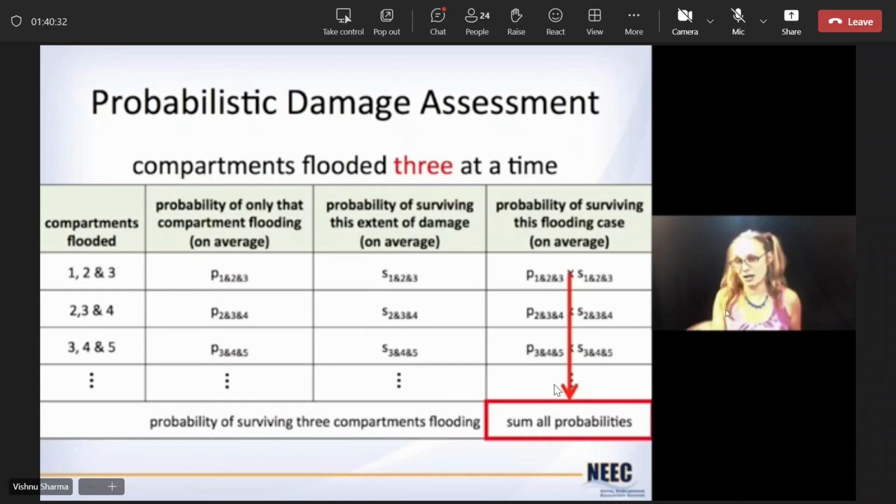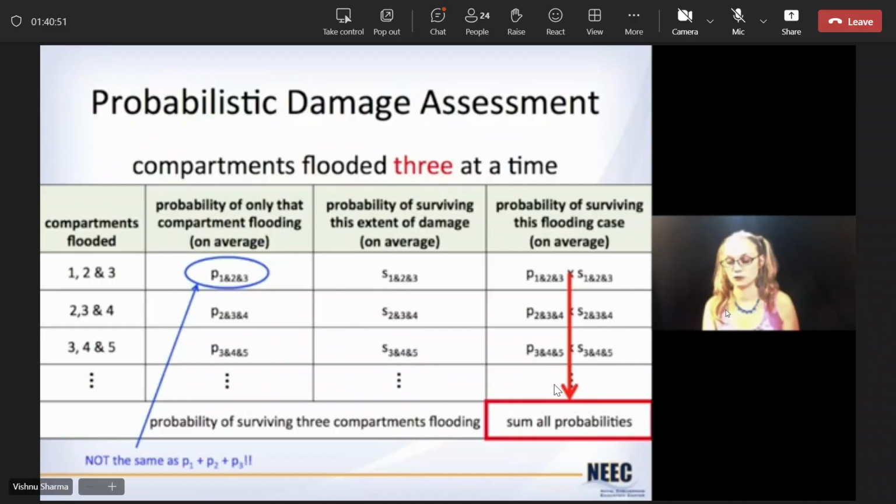Now, buried in all of this is actually a whole lot of details. There are things you have to worry about, like, does the entire compartment flood? Does it flood all the way across the ship transversely? Does it flood all the way vertically? There are lots of other factors in here that I don't have the space or time to get into in this video, but they are in the rules and regulations for your ship.